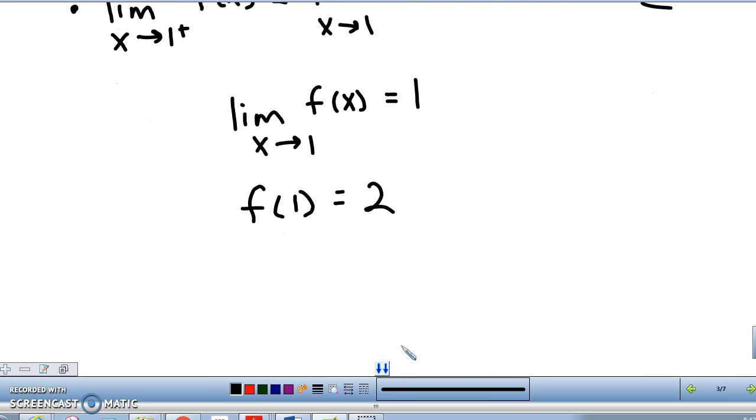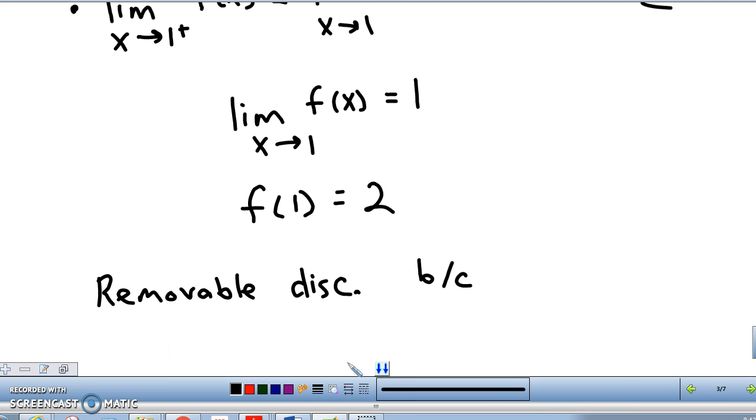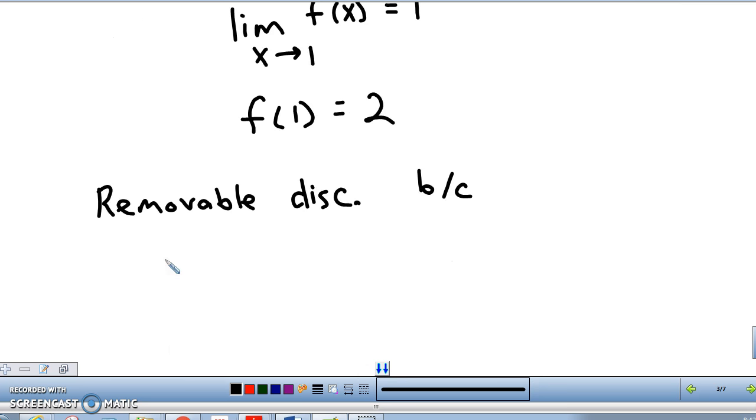So here what we have is, again, a removable discontinuity, because the limit of f of x as x approaches 1 does not equal f of 1.